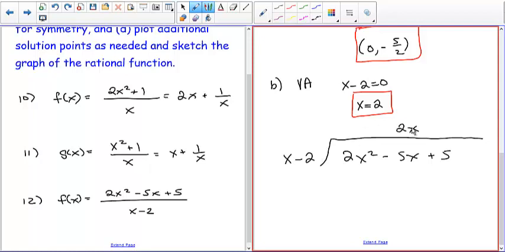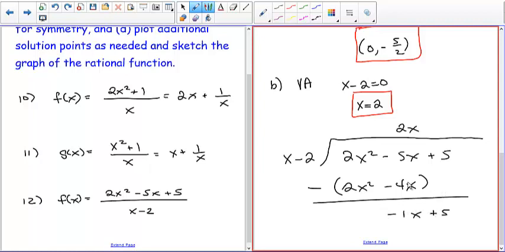So I take 2x times x, which is 2x squared. I take 2x times negative 2, which is negative 4x. I'm really subtracting those. So these go to 0, and therefore I have negative 5 plus 4, so that's negative 1x. And then I add 5, bring down the 5.